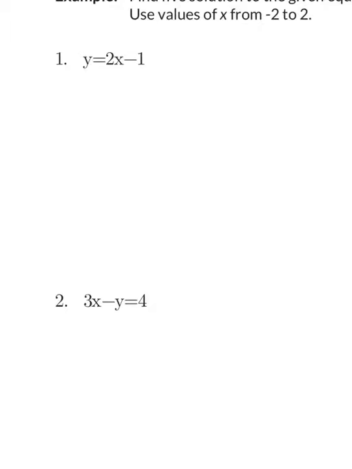And to make this a little easier, I'm going to create a table. On the left side, I'm going to have my x. On the right side, I'm going to have my y. And so for my x's, I want to plug in the values -2, -1, 0, 1, and 2. And we want to figure out what y is equal to.